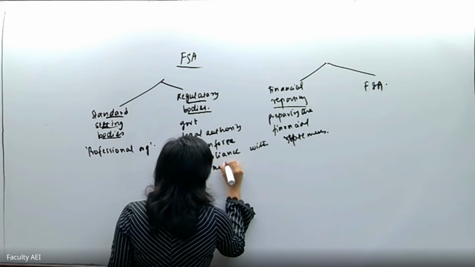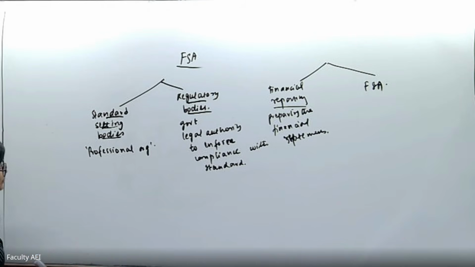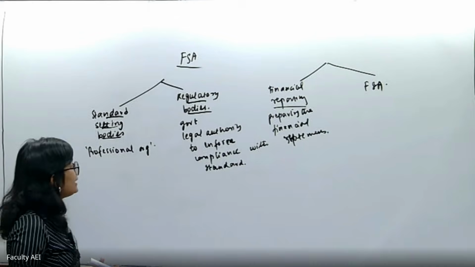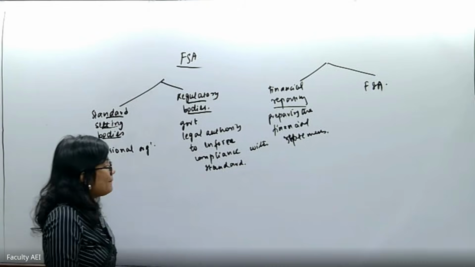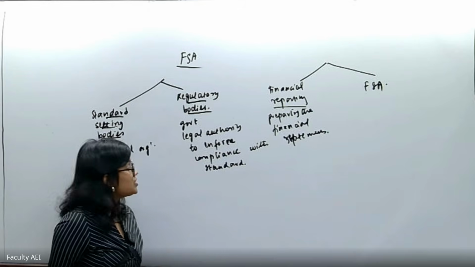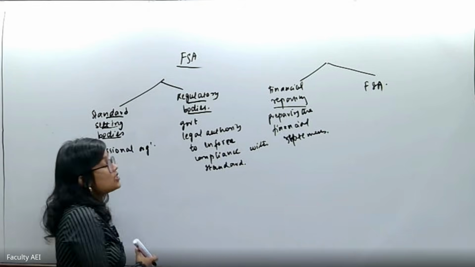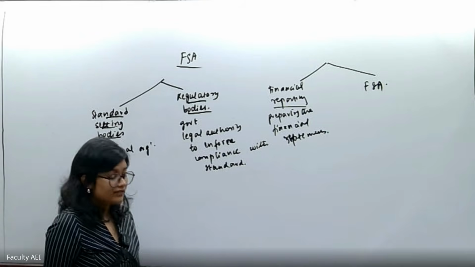So standard setting bodies are the professional people who make the standards, and regulatory bodies, which is the government, force compliance with the standards. They would look that all the companies and all the professionals are following the standards. So they impose legal restrictions on them that you have to comply with the standards.